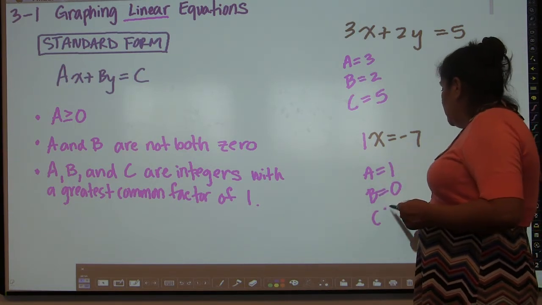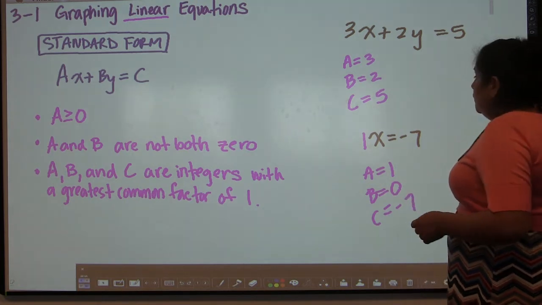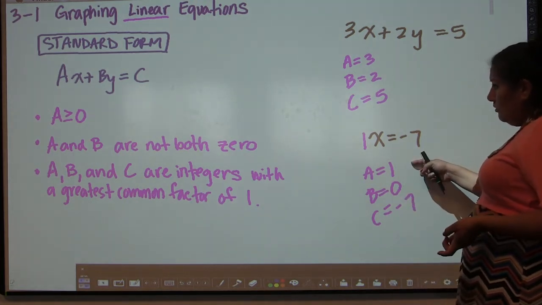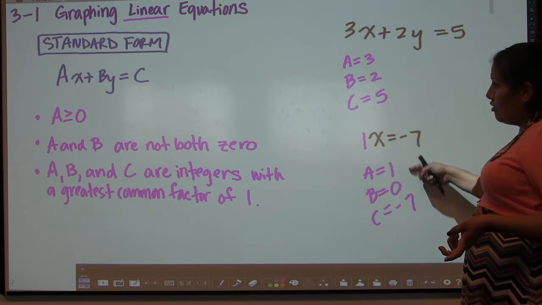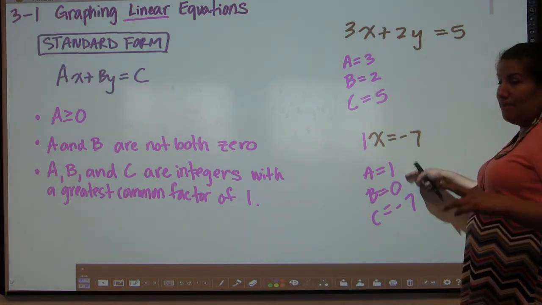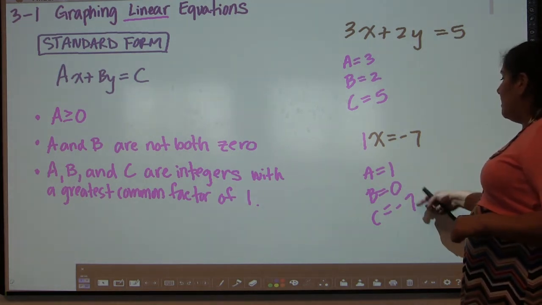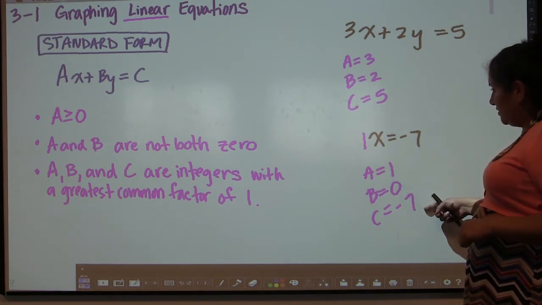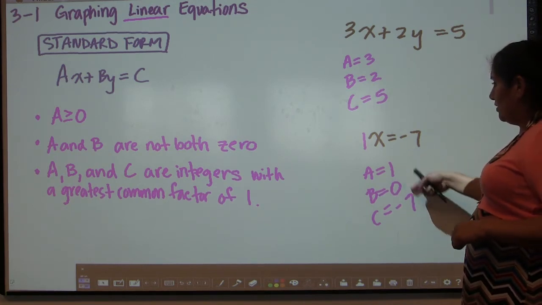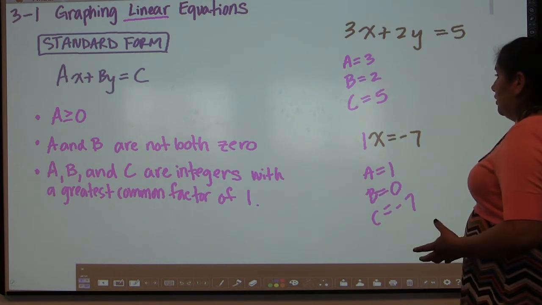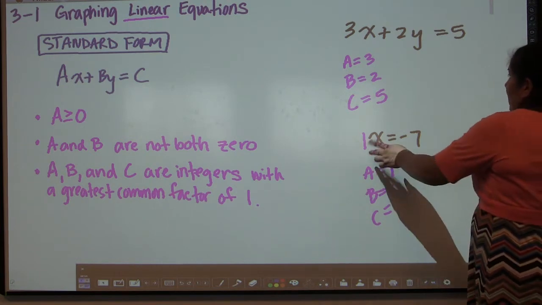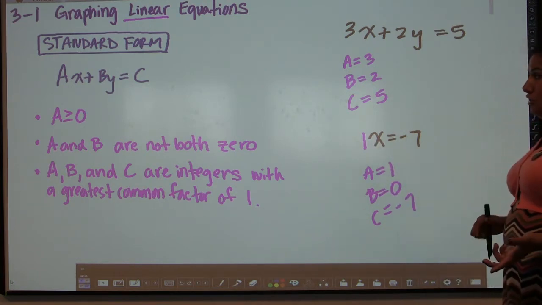And then c equals -7. So again, a is bigger than 0. A and b are not both 0. One of them is 0, but they're not both 0. And then of course, a, b, and c, all these three numbers together have no common factors. So we're good to go. So even though it doesn't have both x and y in it, it can still be considered standard form.